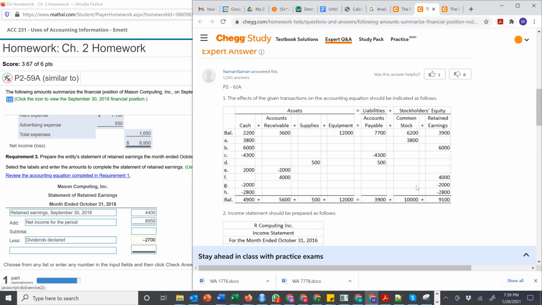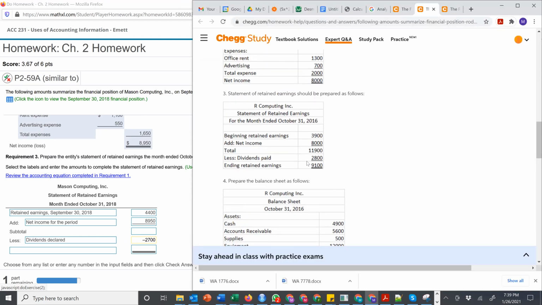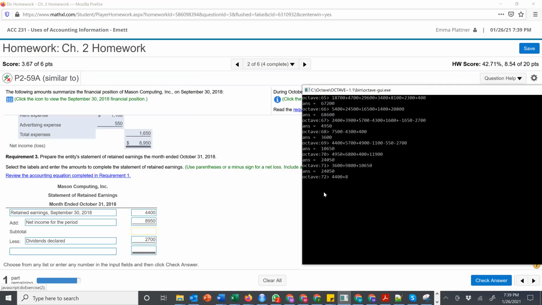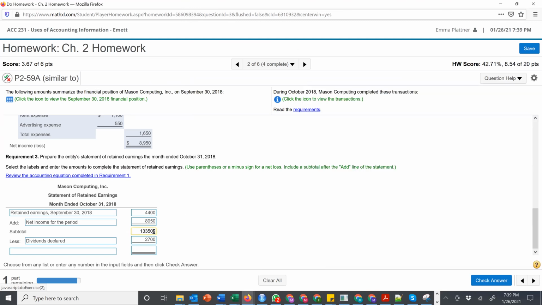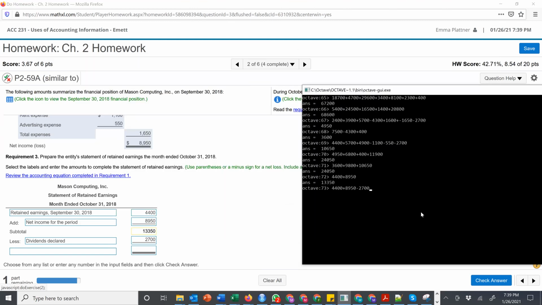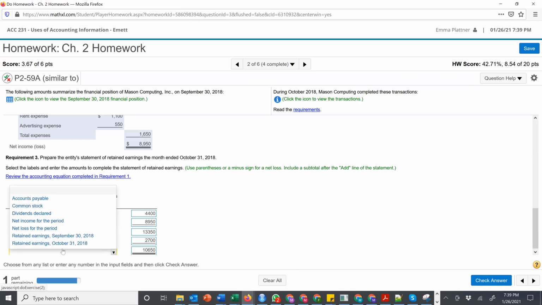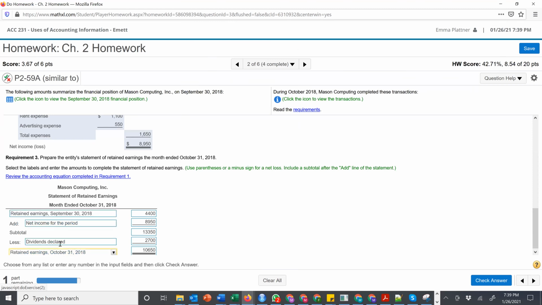Let me see what they did. They don't make it negative. So this little line here means you add those two. So that's 13,350. Then you subtract the 2,700, and you get 10,650. And that's your retained earnings at the end of the month.